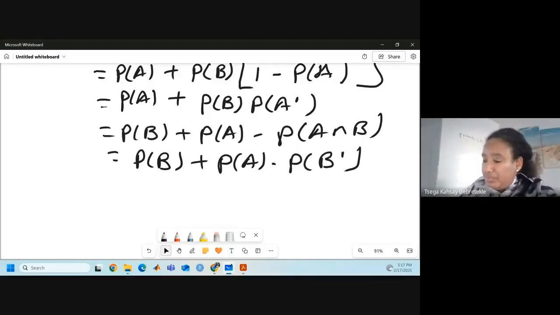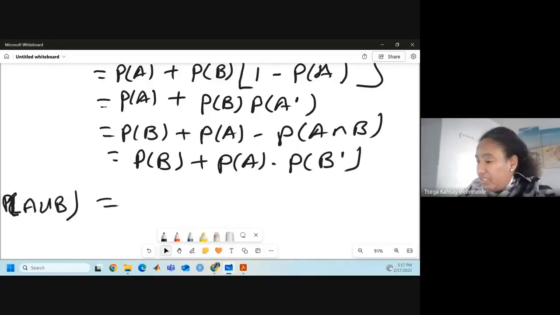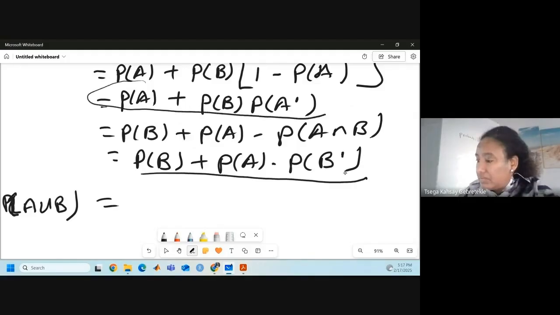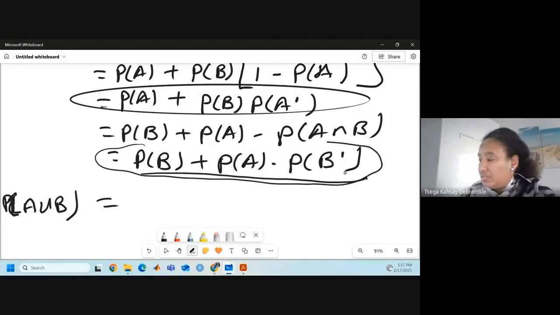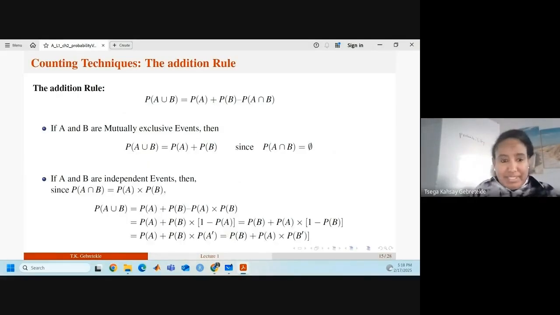So probability of A union B is either this one or this one. This expression is the same as this expression. So these are what I already showed you.